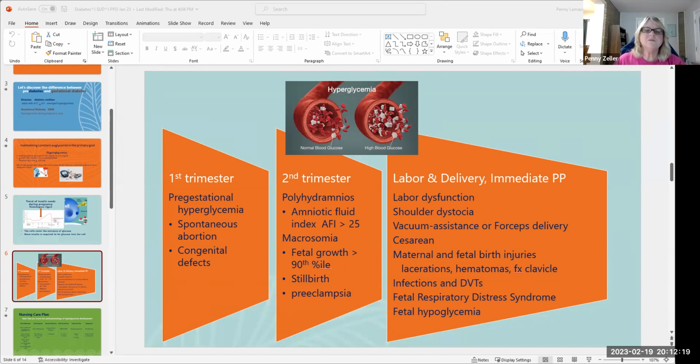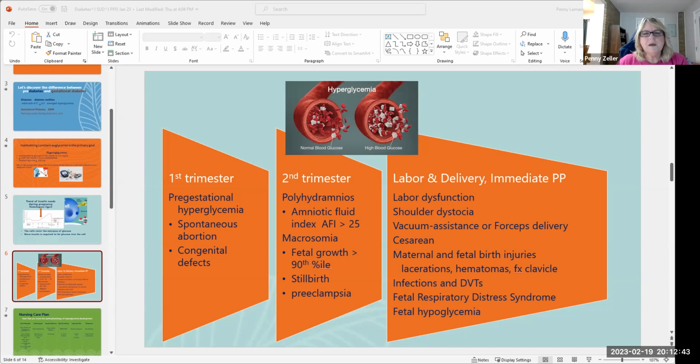There's an increased risk of stillbirth. Of course, during that first trimester, it would be an increased risk of miscarriage. But if she's able to keep the baby, then there's an increased risk of stillbirth. Preeclampsia, hypertension.